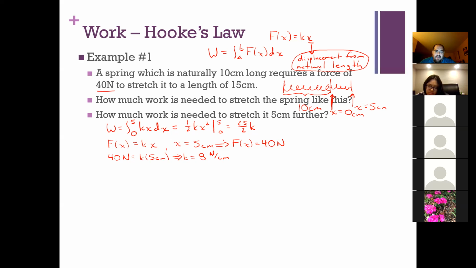Actually, maybe we should do that because we're going to eventually express work in joules. So K is equal to 8 newtons per centimeter, which is going to be equal to 800, I believe, newtons per meter.